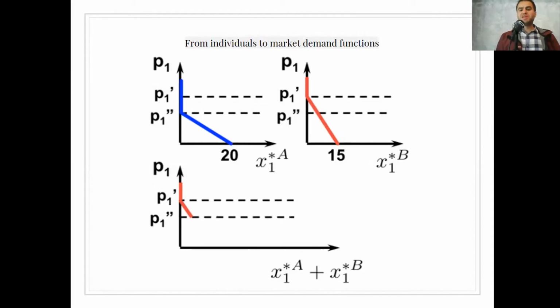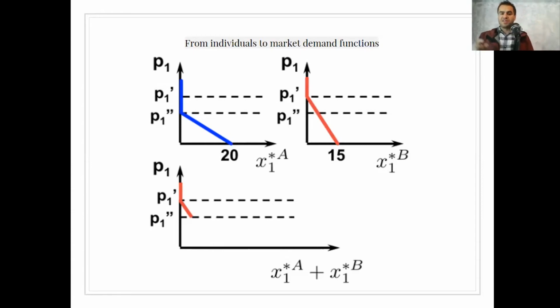This is a segment between P1 prime and P1 double prime. In this segment, person A still finds these prices too high and does not buy any units. But for the second person, you have now reached a price below his or her maximum willingness to pay, and therefore he or she will start consuming certain units based on the different prices in the market.